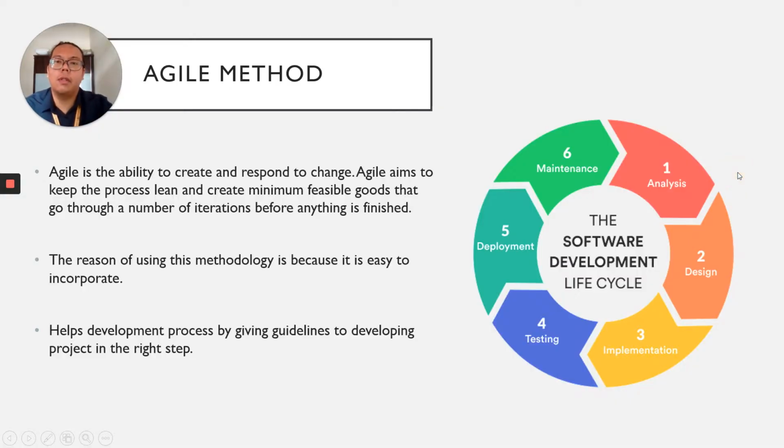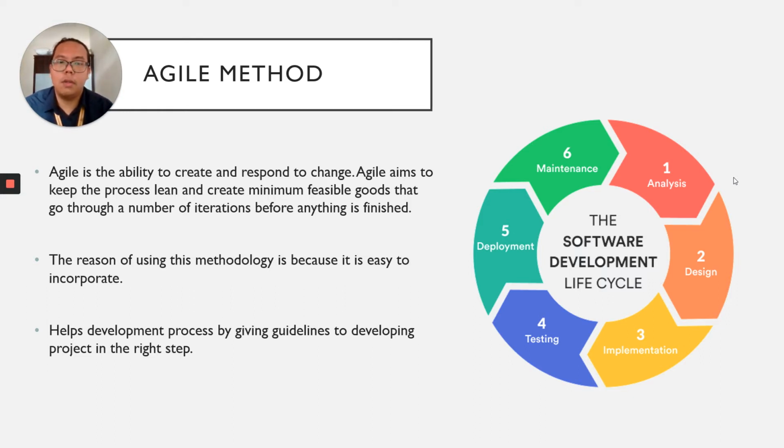Next, going for the research methodology. This project is using the agile methodology. Agile is the ability to create and respond to change, and the agile software development lifecycle aims to keep the process lean and create minimum feasible goods that go through a number of iterations before anything is finished.